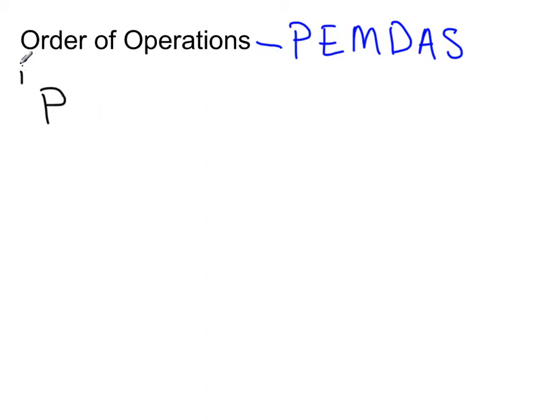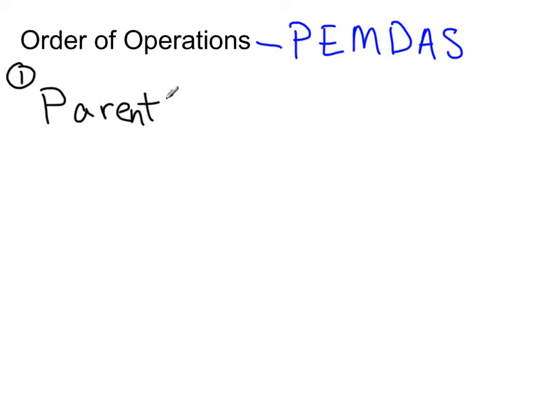Let's talk about order of operations. Now, order of operations, usually we remember it by this nice acronym, PEMDAS. PEMDAS is confusing to people because the order is misleading. So let's break it down by step 1 always. The P is our first thing in order of operations, and it stands for parentheses.